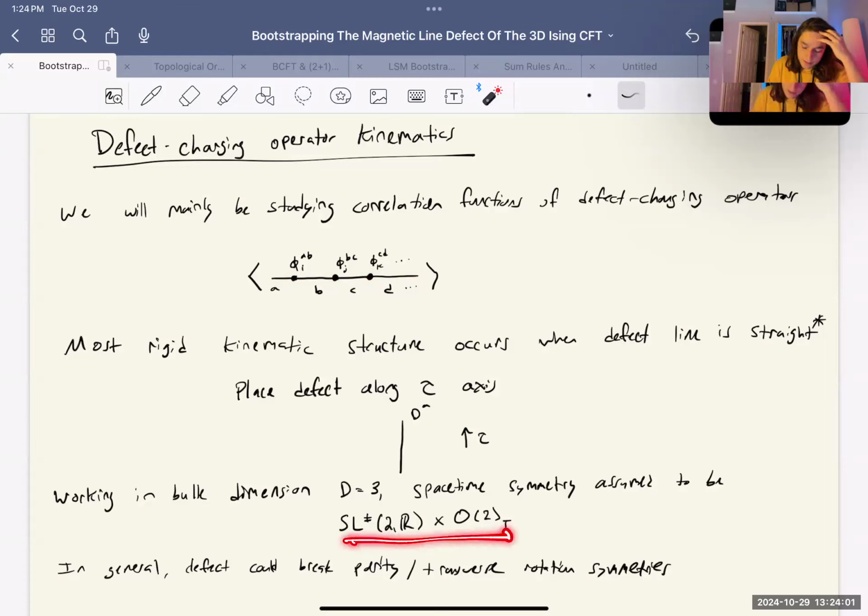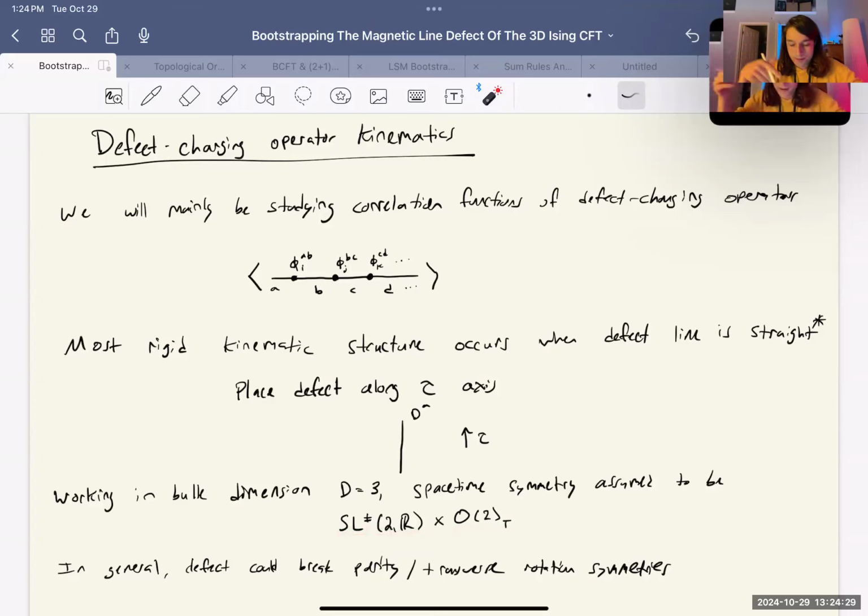Just to be explicit, in this work I'm really going to be taking the symmetry to be what I'll call SL plus or minus 2R, which is basically SL2R, where I allow determinant -1 matrices as well. And then O2T, which is the O2 group of transverse reflections and rotations.